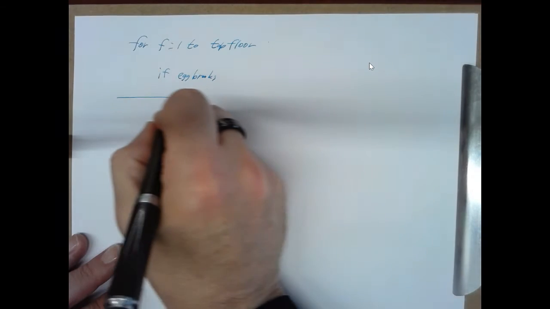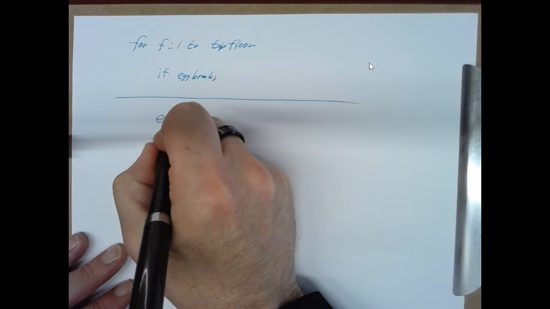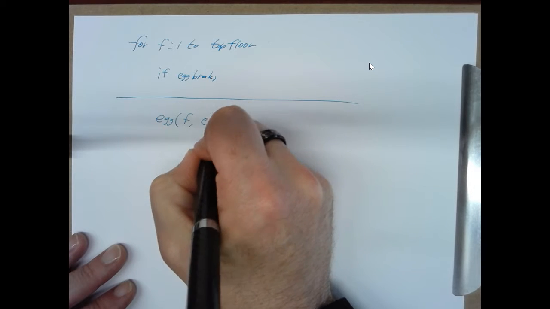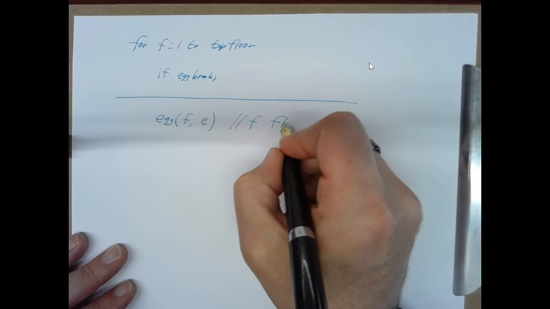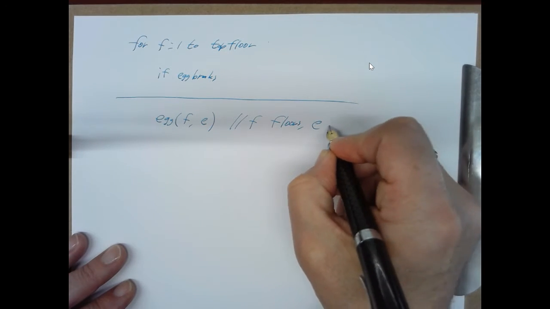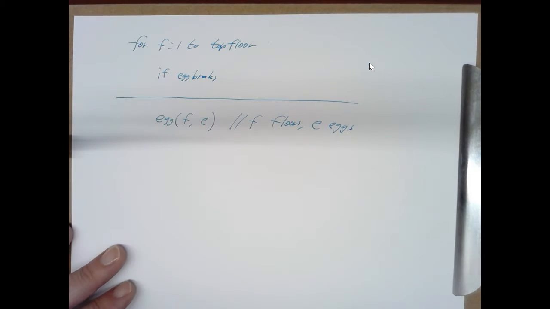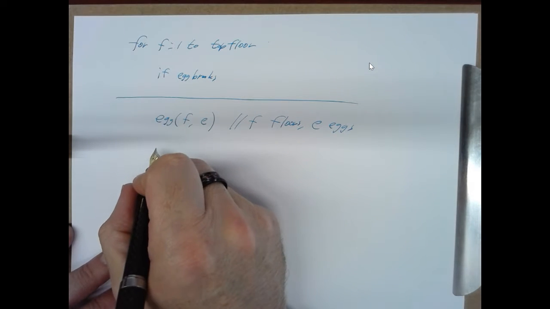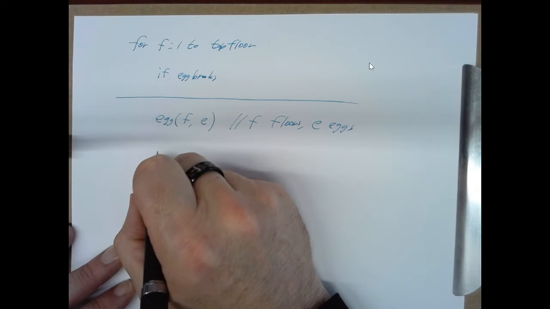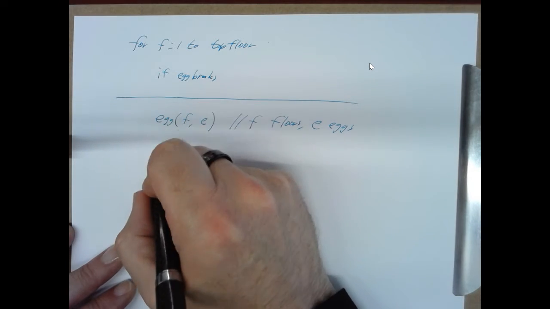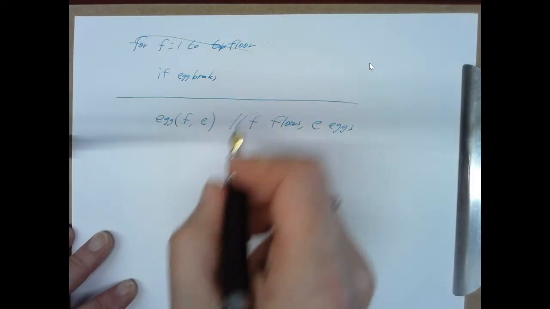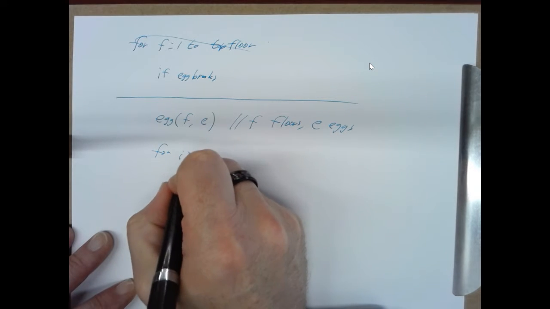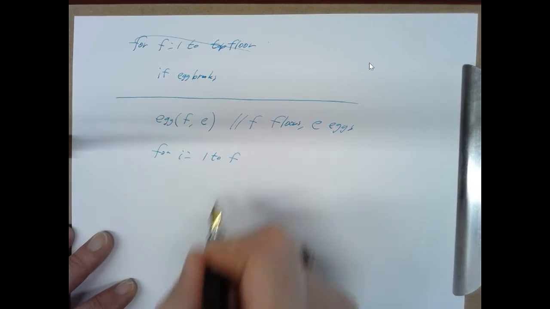So we can write a function, egg, floor, comma, eggs. So you have f floors and e eggs. And we can say, let me call this, yeah, I'll use a different variable here. So for i equals 1, 2, f.